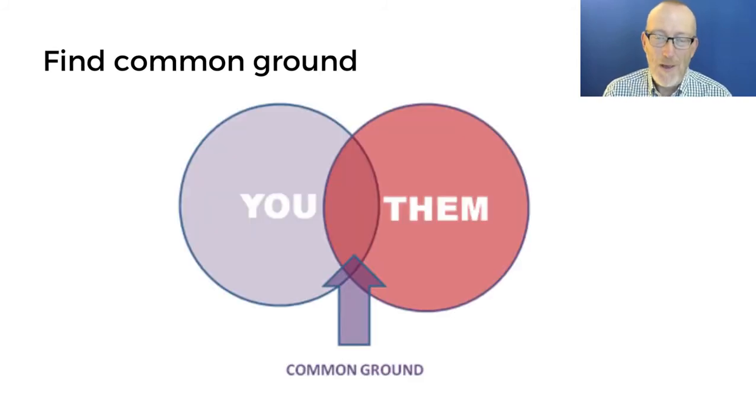Lesson number two, find common ground. So often in our political and social lives, we have the left and the right. These polarized views of right and wrong, good and bad. And I think even though we do have these good and bad, left and right ideas, and the extremes of these ideas are so far apart, generally there is always some common ground.